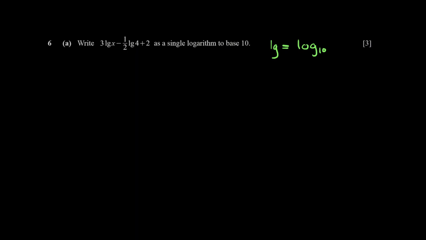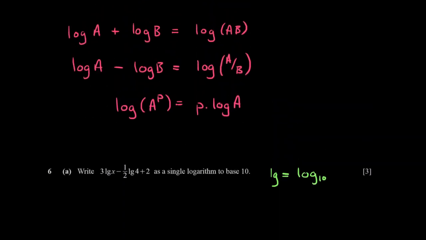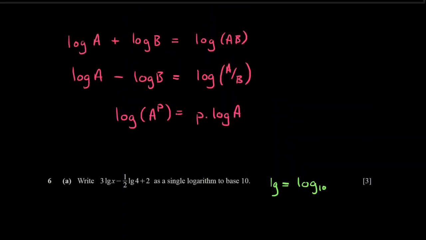Now, before doing this question, I think it's helpful to revise the logarithm rules, which are as follows. If I have log a plus log b, that's equal to log a times b. If I've got log a minus log b, that's log a over b. And if I've got log a to the power of p, then that's equal to p log a.